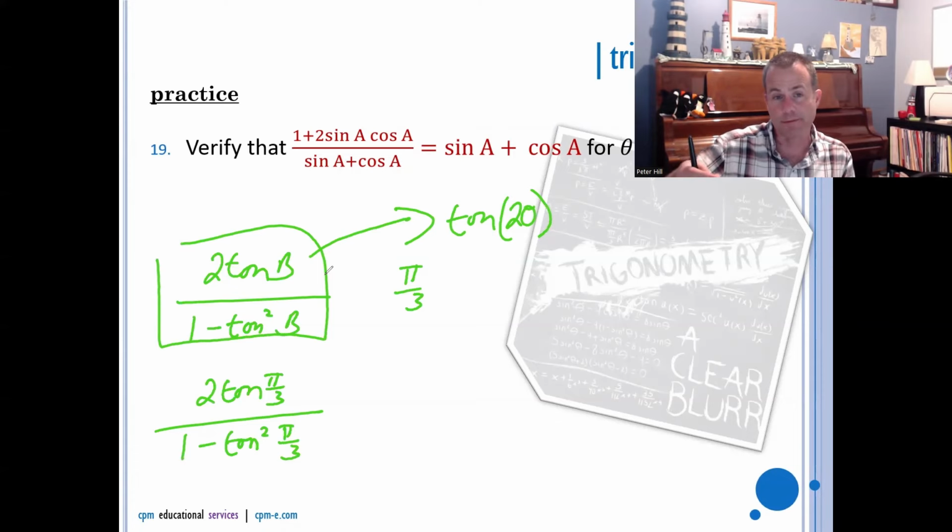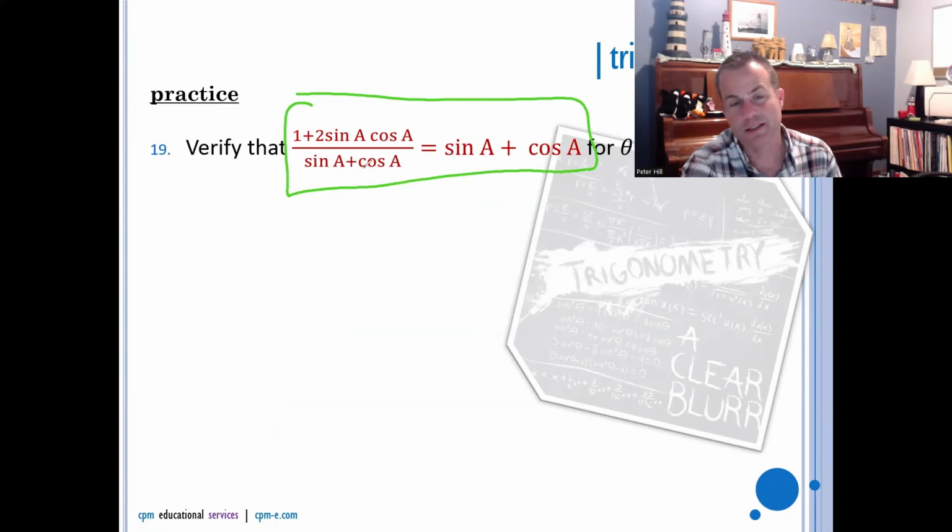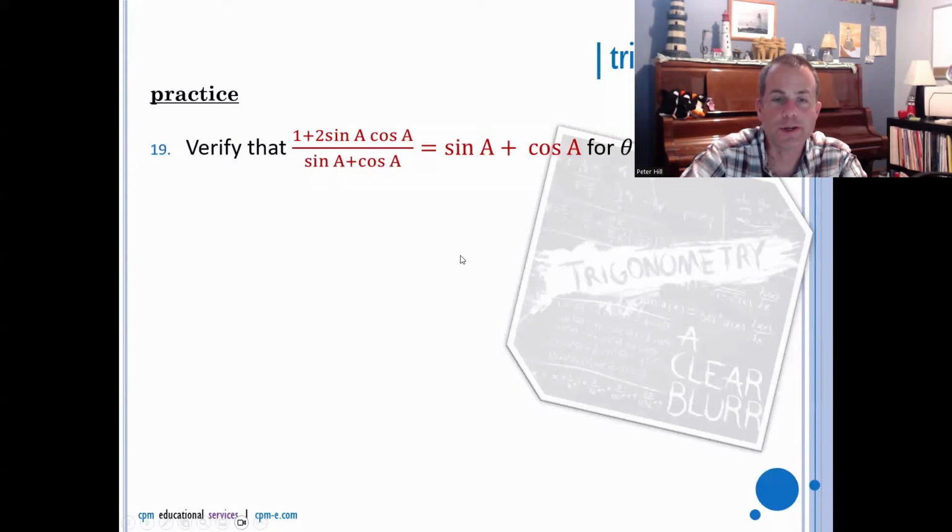You have to plug in the value directly into the angle and then work with the ratios and the numbers only. So no doing identity work like that on a verification, which is why I said this one was sort of a bad example to have that conversation with, because there really isn't identity work that you could do here.